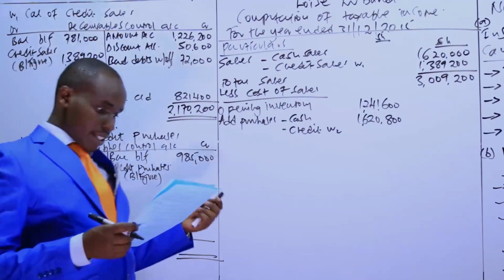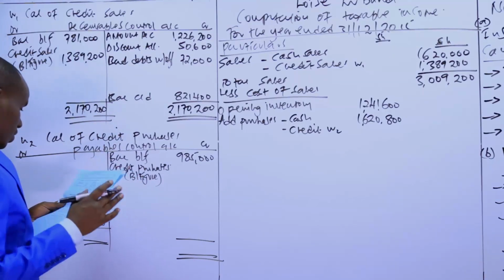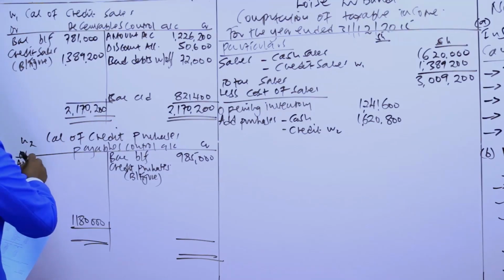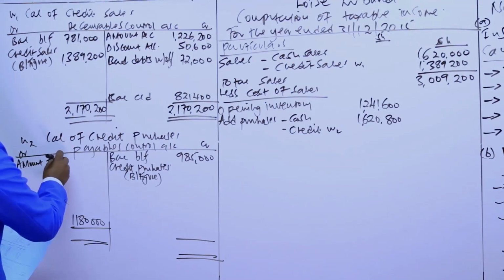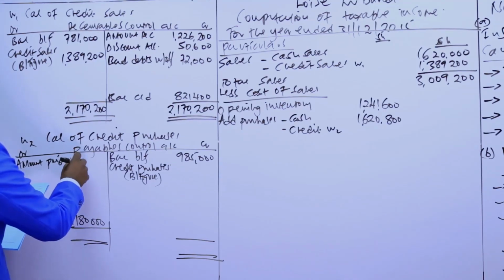Let's put any other item that affects the creditors. In the cash transactions, we have payment to creditors. The amount paid to creditors is 1,005,200.